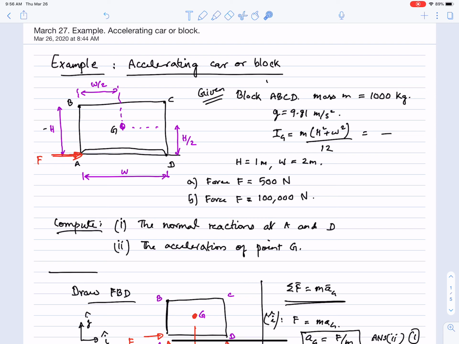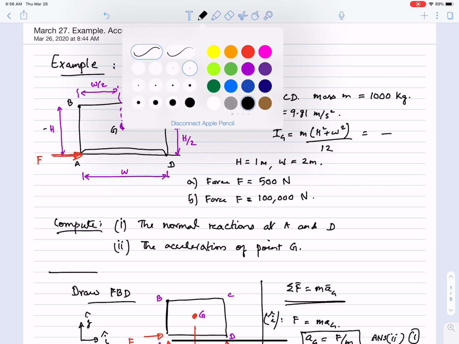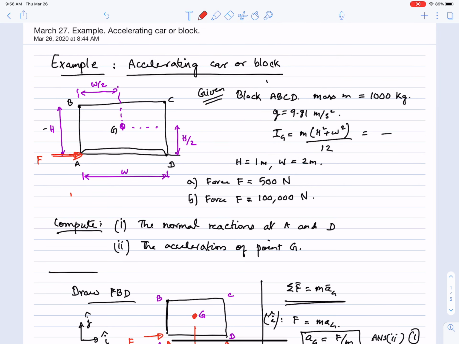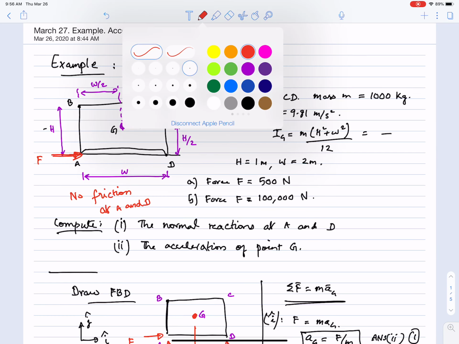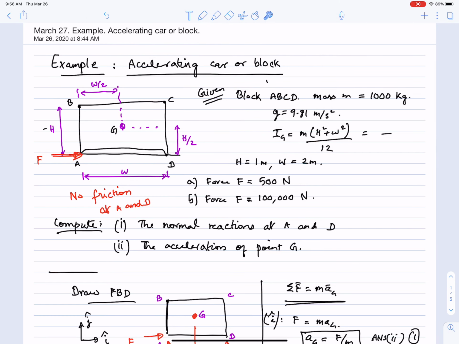Something else I did not state explicitly, but have assumed implicitly, is that there is no friction at A and D. F is actually an applied force. It's not friction; it's an applied force.